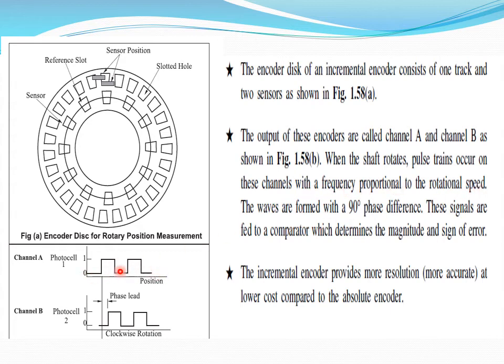You can see the pulse trains on channel A and channel B, and there is a difference: a 90-degree phase shift. Further, these signals are fed to a comparator which determines the magnitude and sign of the error. This is the working of an incremental encoder.